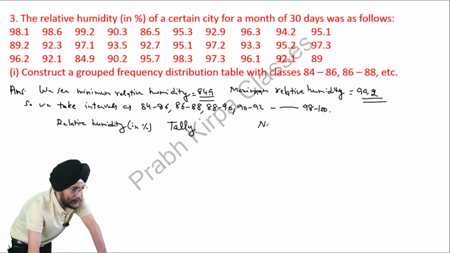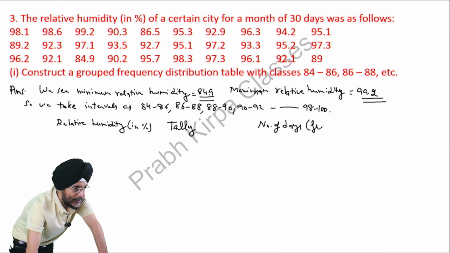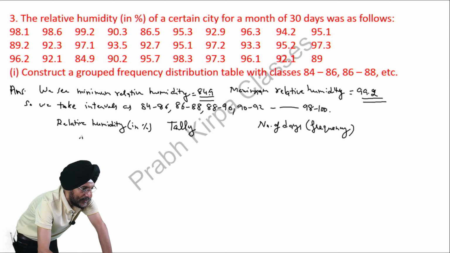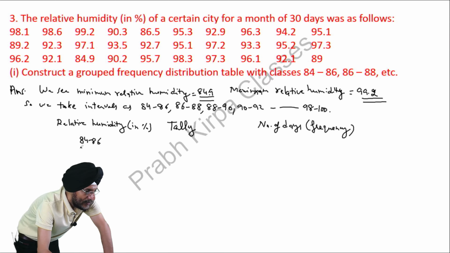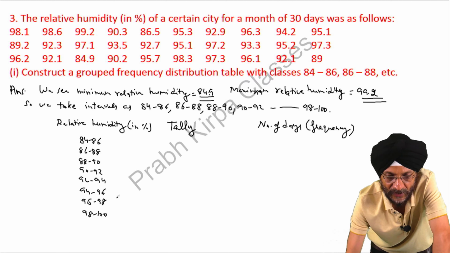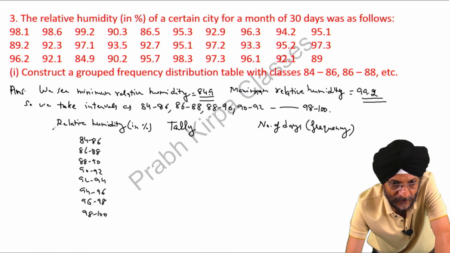So here we will mention number of days, or we can also call it frequency. Now here we will write the class intervals: 84 to 86, 86 to 88, 88 to 90, 90 to 92, 92 to 94, 94 to 96, 96 to 98, 98 to 100. Up to 100 we will have to form the table.